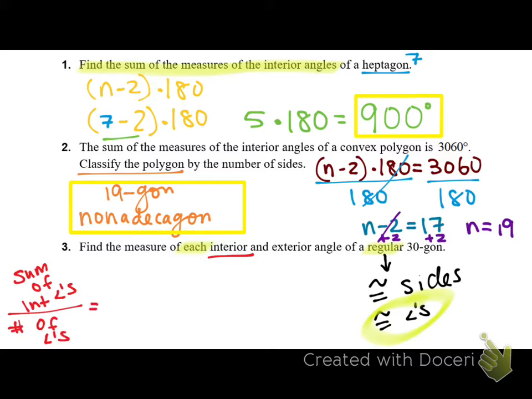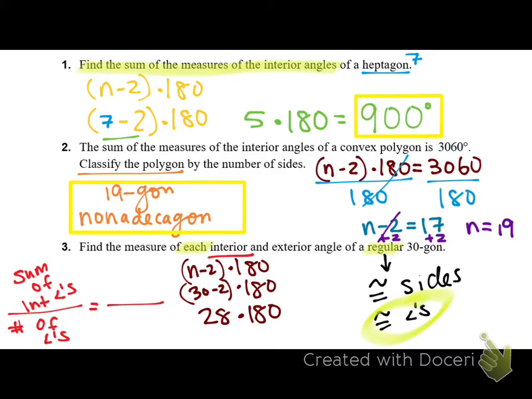So how do we find the sum of the inside angles? Yeah, n minus 2 times 180. So a 30-gon has 30 sides. How many triangles are in a 30-gon? 28 triangles, 180 apiece.